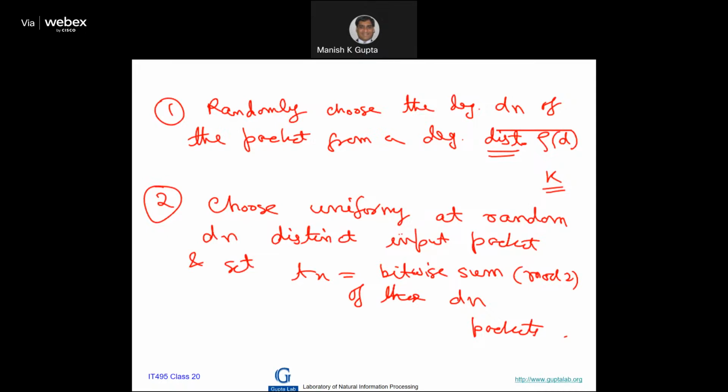Accordingly, we choose this rho d. The second thing is to choose uniformly at random dn distinct input packets, and then the output tn is just the bitwise sum, modulo 2.